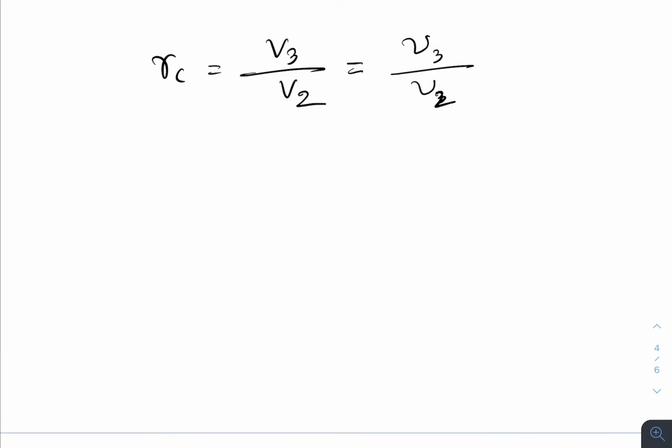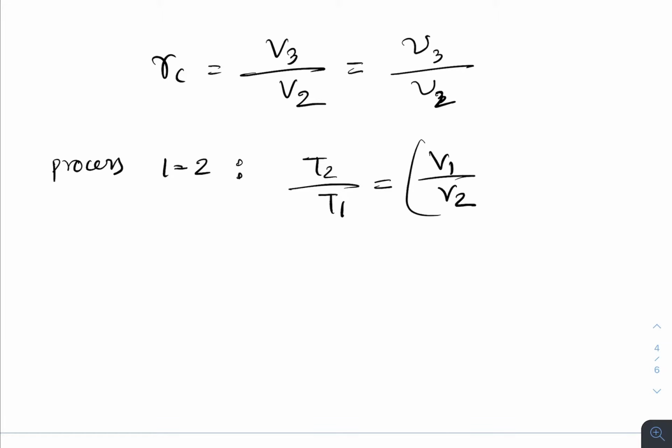So now from the ideal gas and isentropic condition relations, we can write the relationship between temperature and volume. For process 1 to 2, we can write that T2 divided by T1 equals V1 divided by V2 to the power k minus 1.